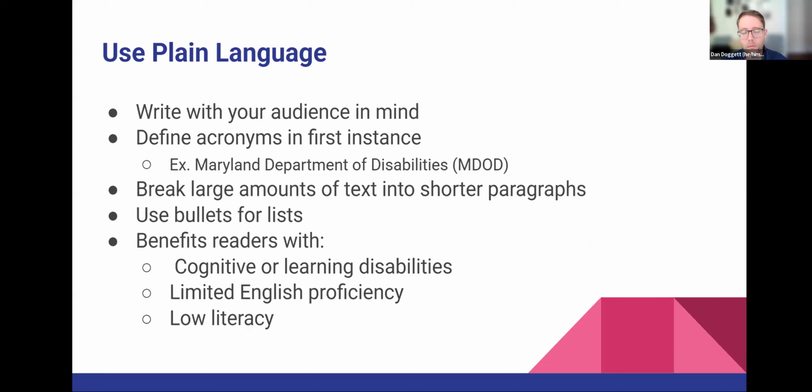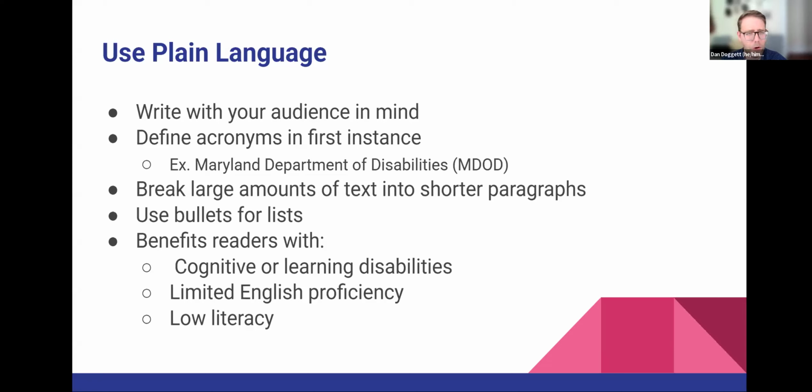When we talk about plain language, what we're saying is prioritizing clarity and ease of understanding for the intended audience. Our goal is to write something that is clear enough that readers can understand it the first time they read it.